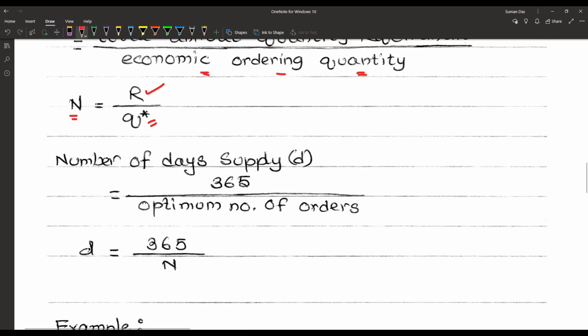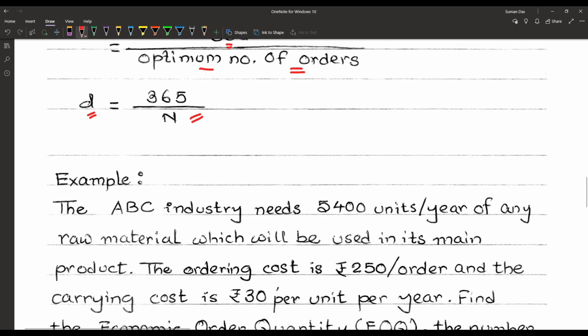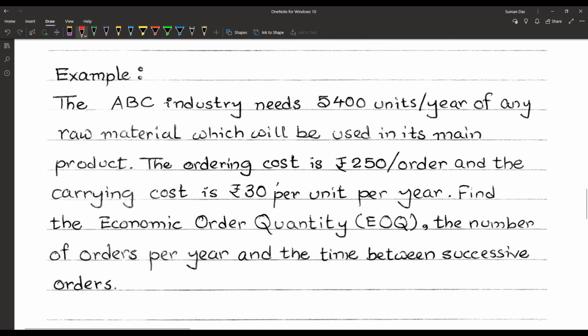The number of days supply, denoted by small d, is equal to 365 upon the optimum number of orders, that is, d equals 365 upon N. Let's check the model with an example.